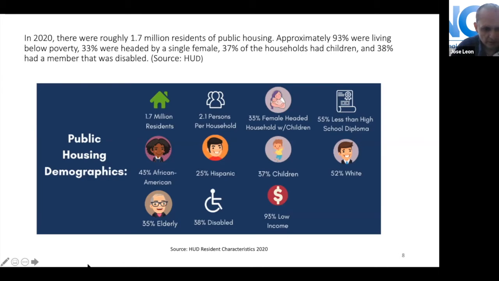The other one that is quite interesting is the last one in regards to low income. 93% of those living in public housing are below the poverty line. In addition to all the demographics and social determinants of health on this slide, I would like you to pay attention to these two particular issues of the patients living in public housing, because this is going to be part of the discussion during the conversation.